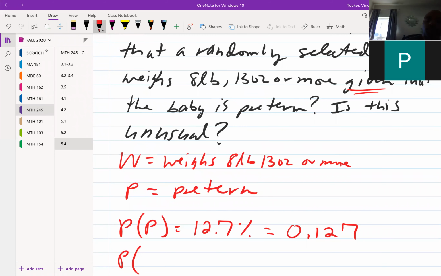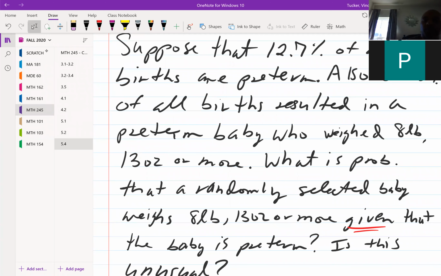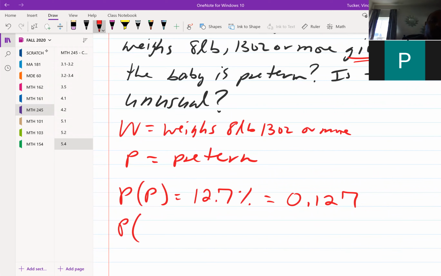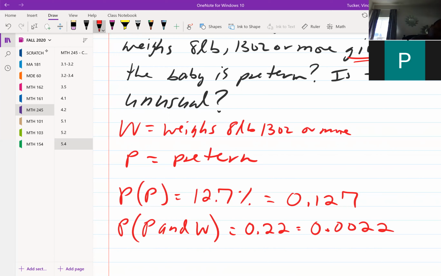Next one, 0.22% of all births resulted in a preterm baby who weighed 8 pounds, 13 ounces or more. So this is preterm and weighs that amount. That's 0.0022. So that's our given information.